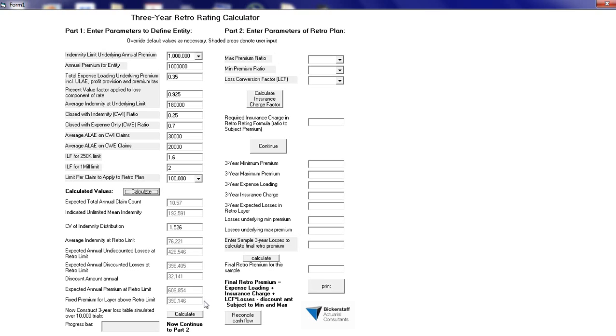Okay, now we're at the point where we need to simulate the results of this insured, and the results meaning the losses from ground up up to the 100,000 limit. And we're going to do that by simulating 10,000 random trials using all of these expected values representing the mean of distributions.